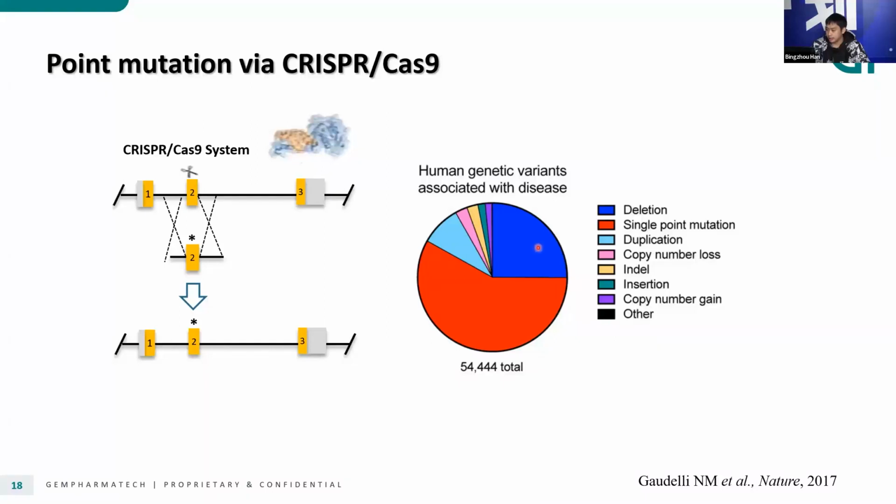Over 60% of disease-associated genetic variants are single point mutations, so the strategy to generate point mutations in animal models like mice is becoming more and more important for the study of genetic diseases and rare diseases.